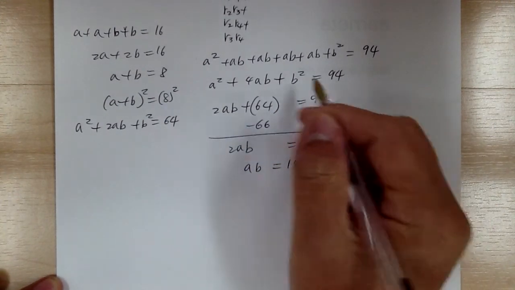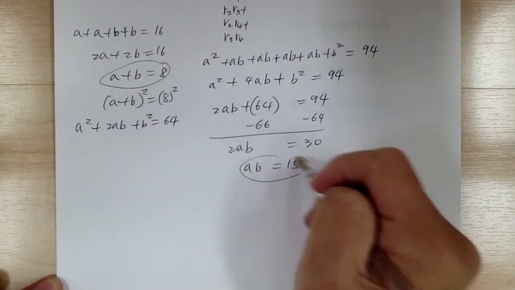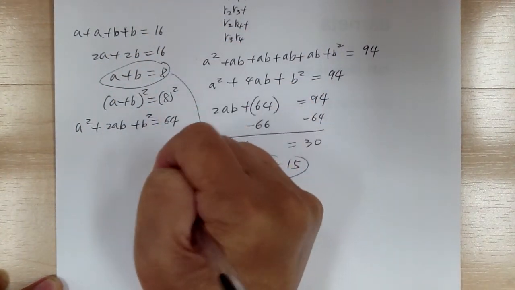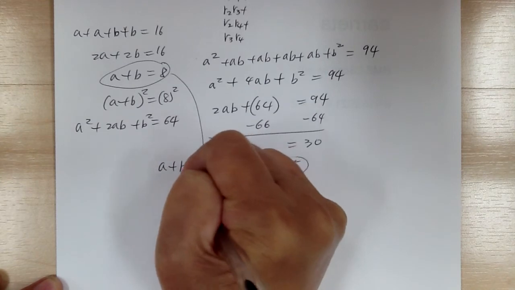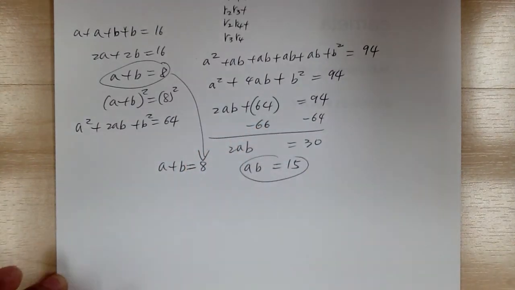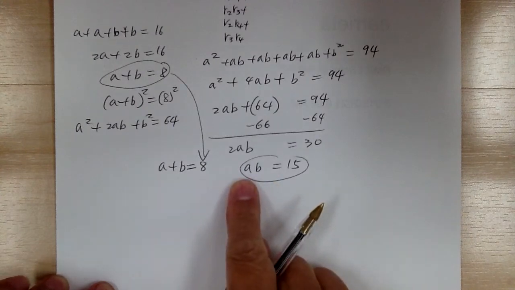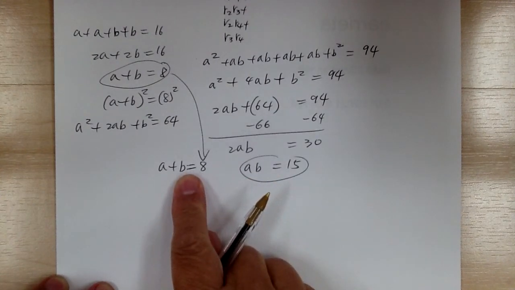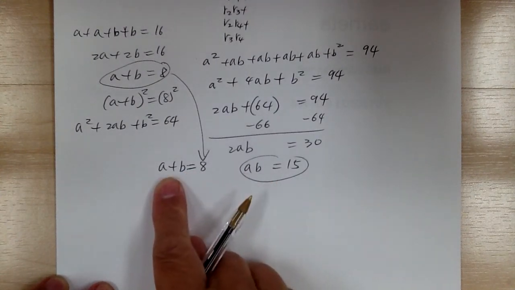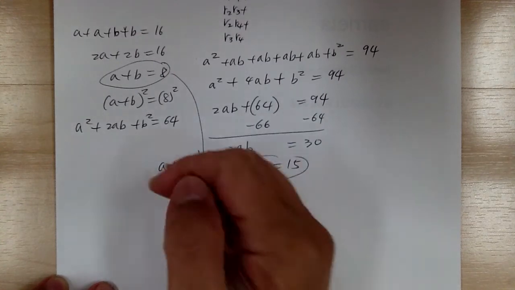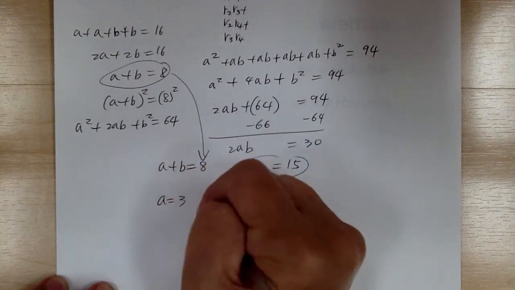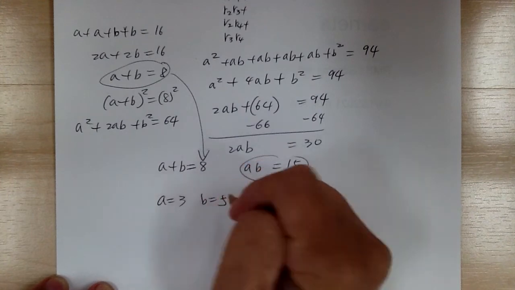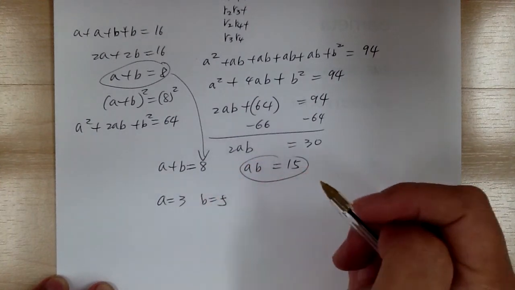Now from this 2 over here, you have A plus B equal to 8. When you work it out, you can see very clearly that it's going to be 3 and 5. So you get A equal to 3, B equal to 5.